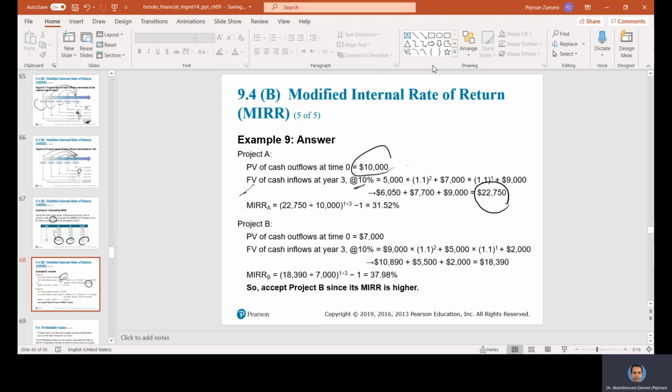Okay, what we do then is future value divided by the present value, to the power of 1 over 3, minus 1, gives us this number, which is the MIRR for project A. And the same story we just repeated for project B as well. Then we compare the MIRR of project A and project B. And which one is higher? Project B's MIRR is higher, so we accept that project.